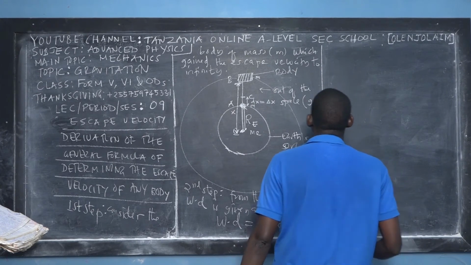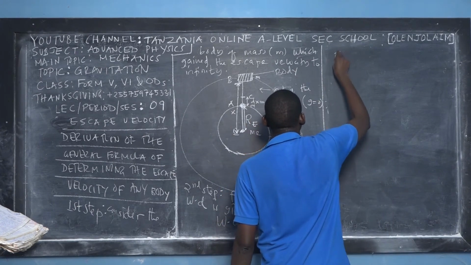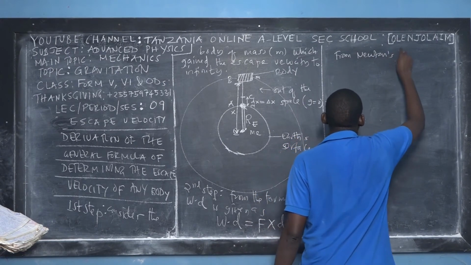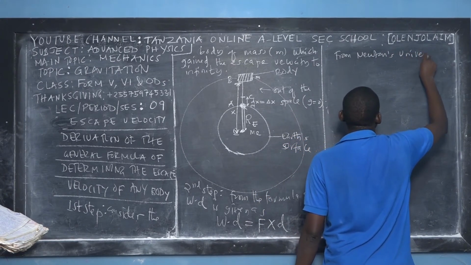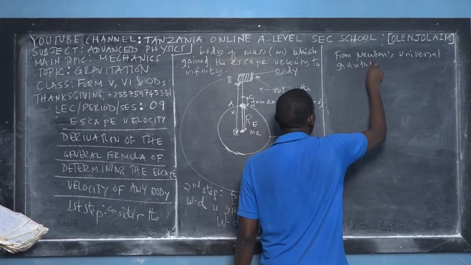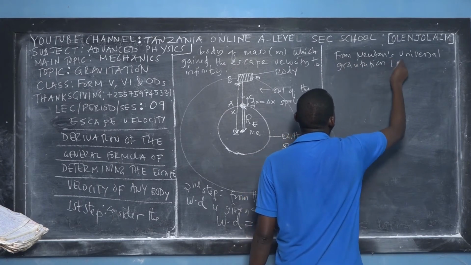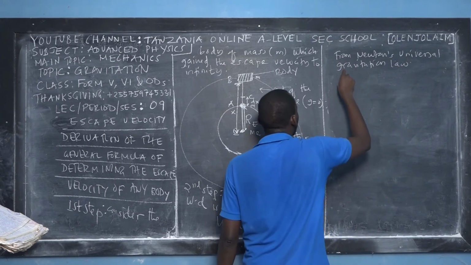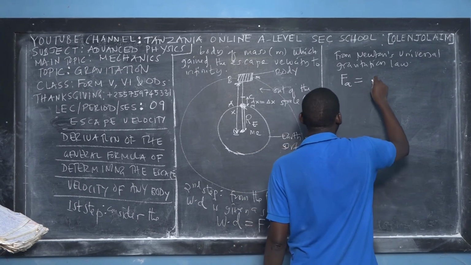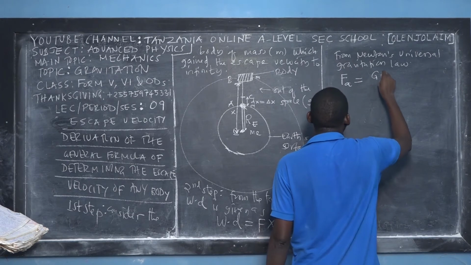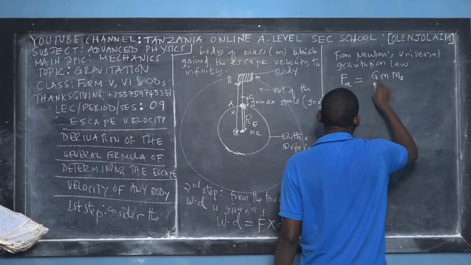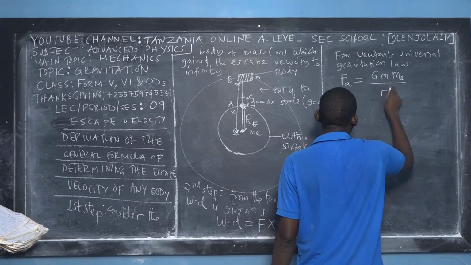So from this concept, or from Newton's universal law of gravitation, we say that the force of attraction between the body and the S will be the product of the gravitational constant, mass of the body, and mass of the S, over r squared.